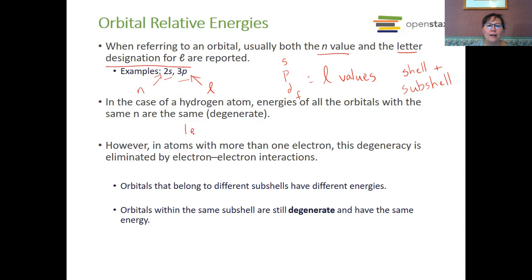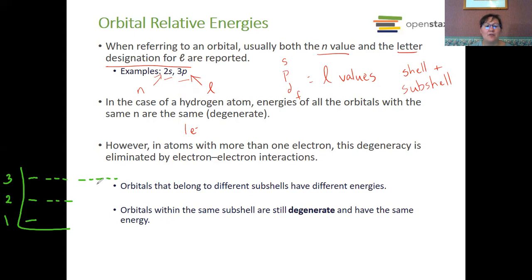Now, hydrogen only has 1 electron. And so all of the orbitals in any given level are exactly the same. And we call that degenerate, which probably doesn't make any sense at all. But what it means is that in our ground state, we have energy level equal to 1. Then we have a 1s. And then for 2, we have a 2s and we have 3 2p's. And then for energy level 3, we have 3s, 3p, and 3d, 5d, sorry.